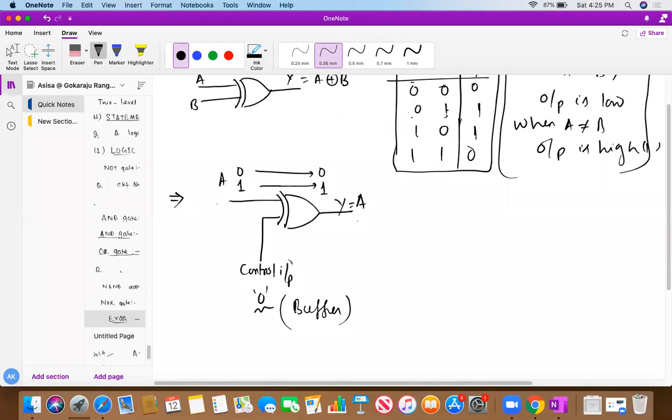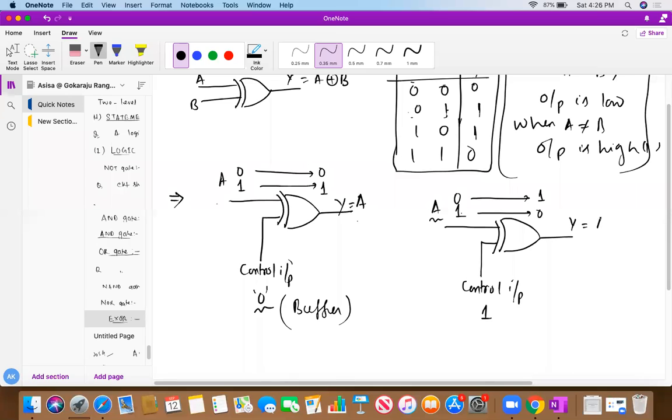Please try to understand. Similarly, let me check the same thing with the control input as 1. Let's say this is A. If A is 0, I'm getting output 1. If A is 1, I'm getting 0, because 1 XOR 1 is 0 and 0 XOR 1 is 1. So whatever input I give here, I'm getting the output A bar, the opposite, an inverter output.